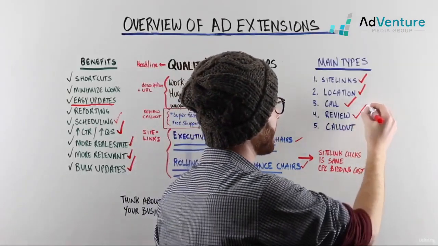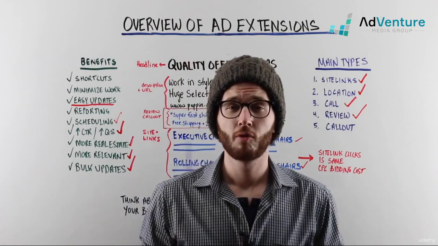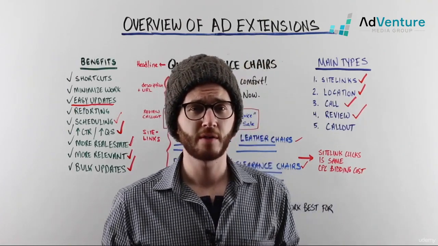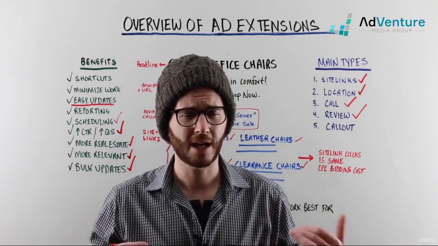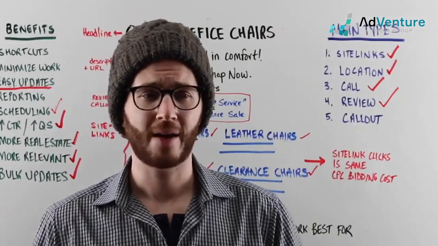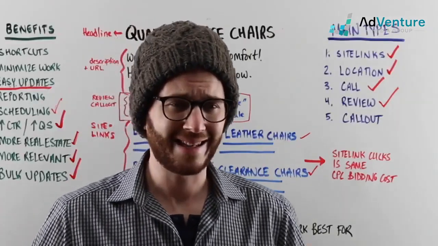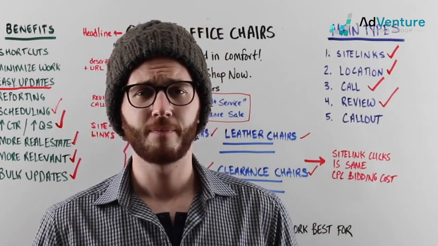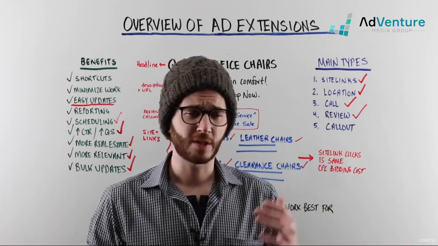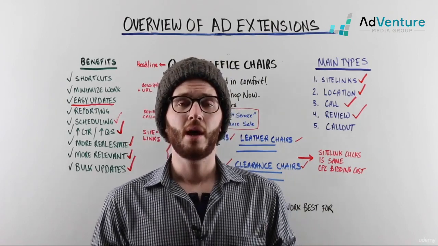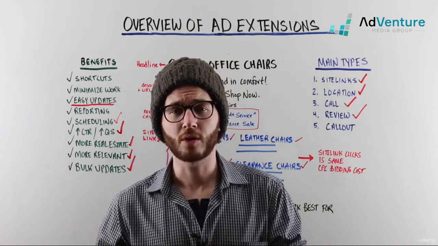Review extensions allow you to add reviews that you've received for your products and services from third-party sites. Review extensions are a little tricky. You have to comply with a lot of different guidelines. For example, you have to take an exact quote of the review. If it's not an exact quote, you have to specify that it's not an exact quote. You have to quote the source of the review.